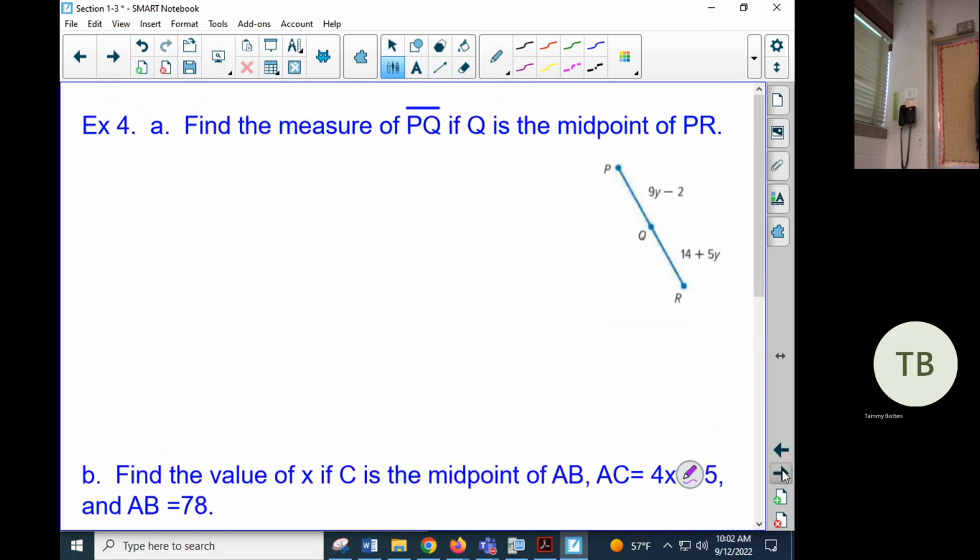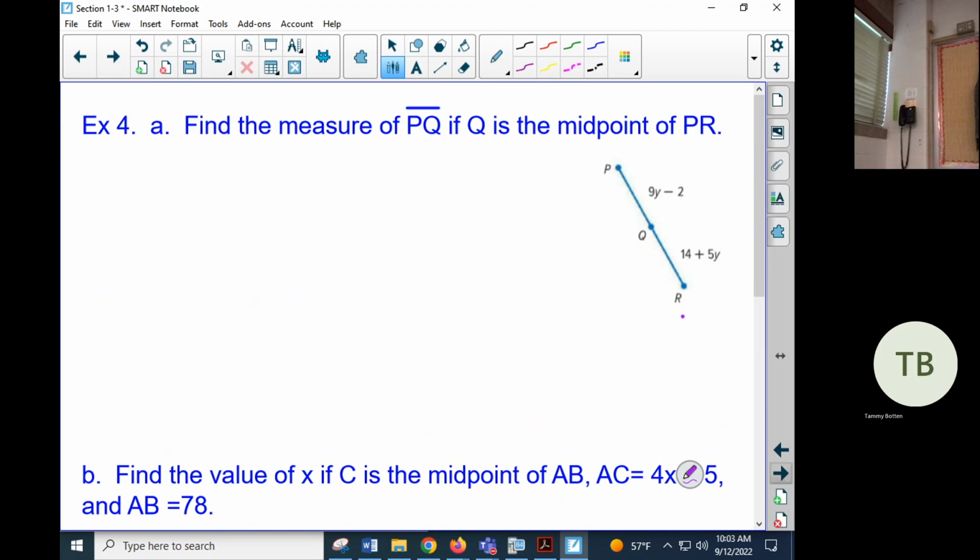All right, then if I look at this last page here, it says find the measure of PQ if Q is the midpoint of PR. So if you guys remember last week, we did some problems. Do you remember where we said like this plus this equals the whole thing? And we set up an algebra equation, like this plus this equals this.